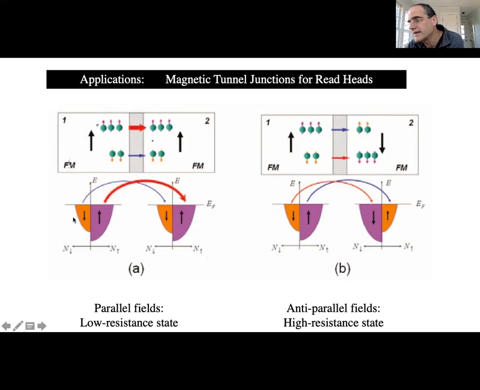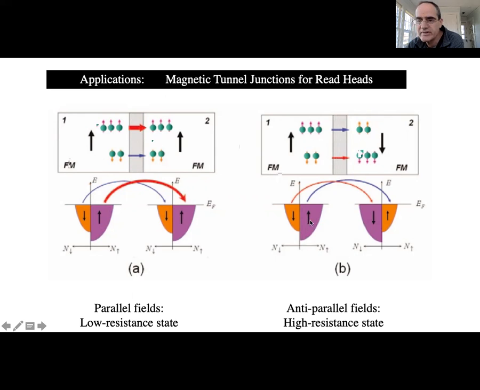We can also have tunneling of the spin down electrons into the spin down states on the other side, but this case is disfavored. So this is a small part of the total current. Now, that's what happens when the spins are parallel. What if they're anti-parallel? What if one material is magnetized this way, but the other one is magnetized in the opposite direction?